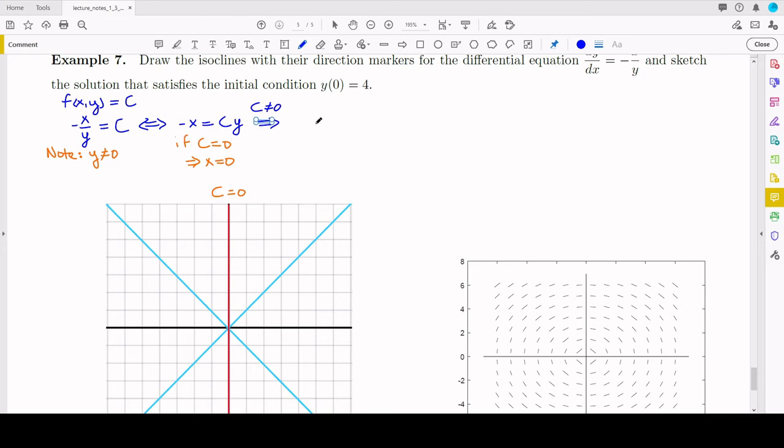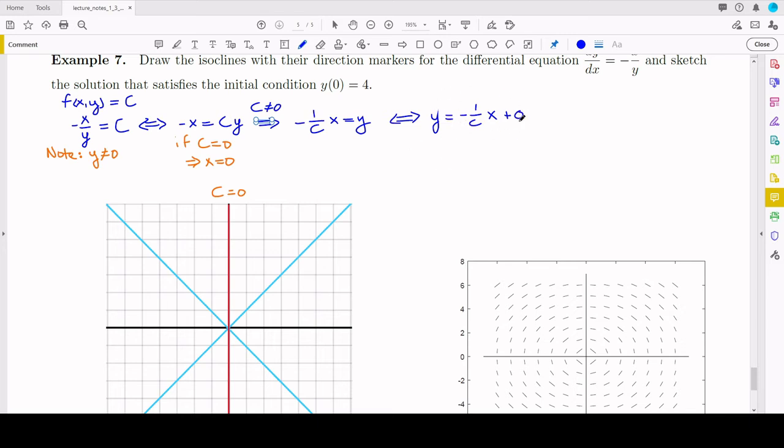Then we can divide both sides by c, and we get negative 1 over c times x equals y. Or, that's equivalent, of course, with y equals negative 1 over c x plus 0.